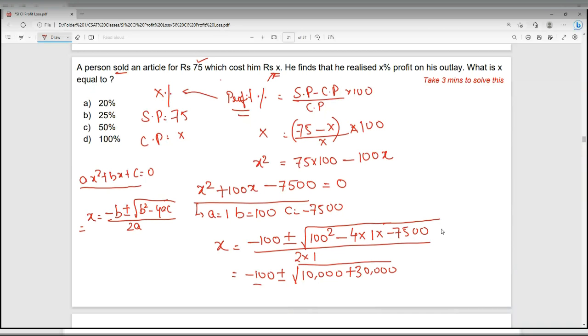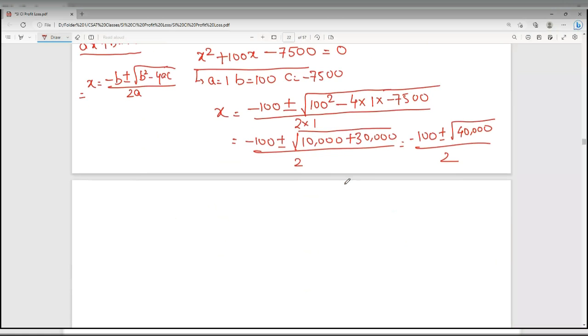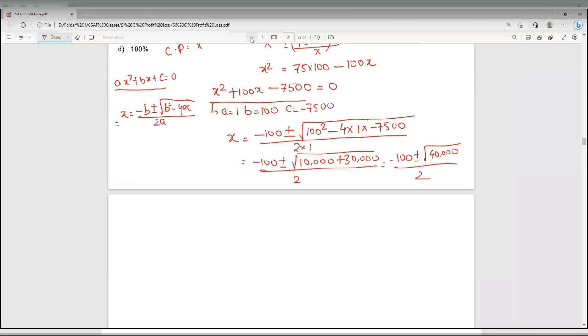This is 10,000 plus 30,000, which is 40,000, divided by 2. This can also be written as minus 100 plus or minus root of 4 into 100 square, because 4 into 10,000 is 40,000, divided by 2.